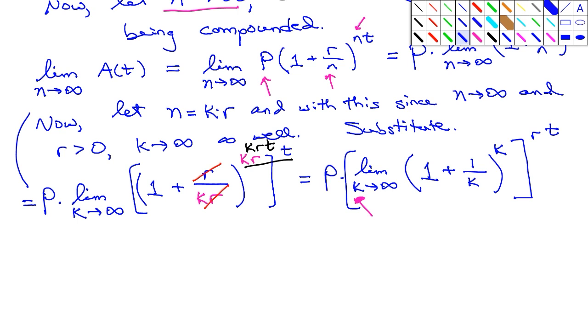And then the question is, what is this limit? Well, this is the limit that you did in the group work. And hopefully in the group work, you discovered that that was equal to the value of the number e. And so this is the compound interest formula. It's PERT.